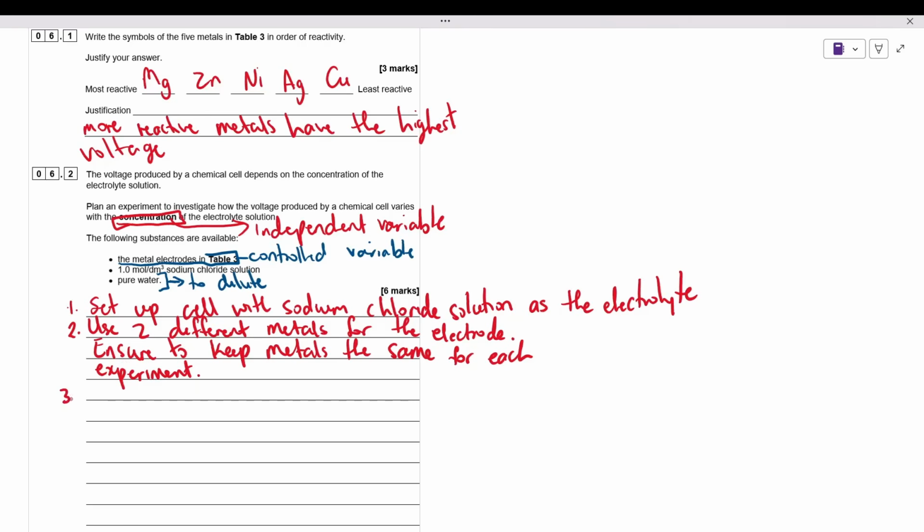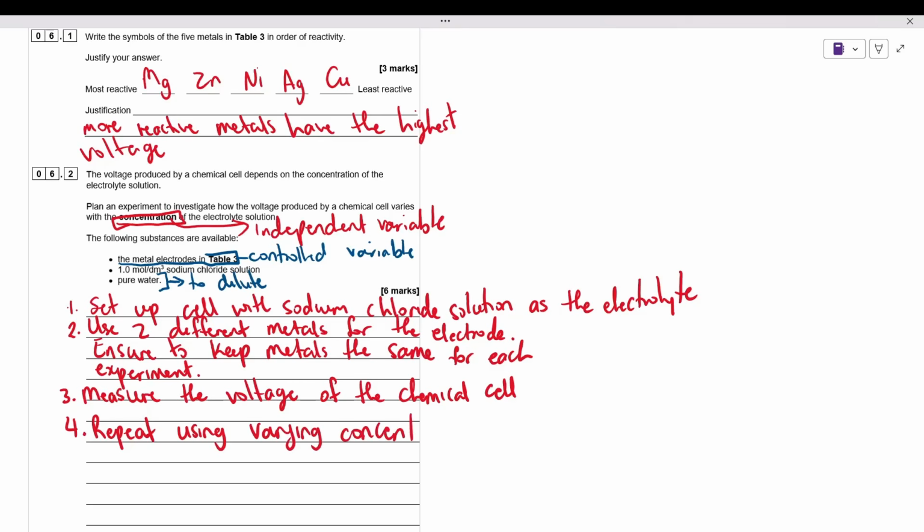Okay, so number 3, I'm going to measure the voltage. Measure the voltage, right, of the chemical cell. Step 4, I'm going to repeat with different solutions. Repeat using varying concentrations of the sodium chloride solution.